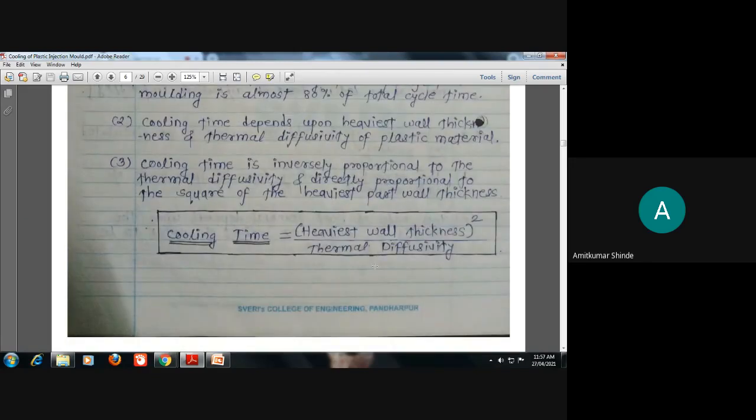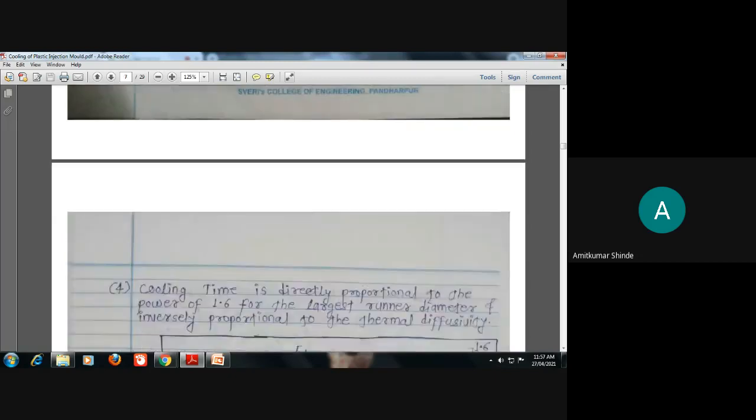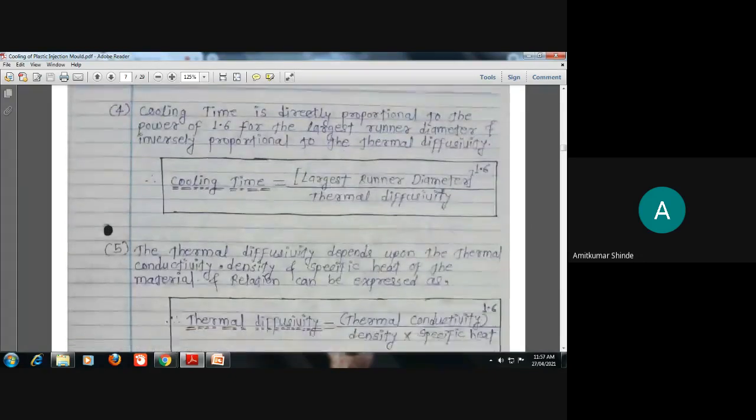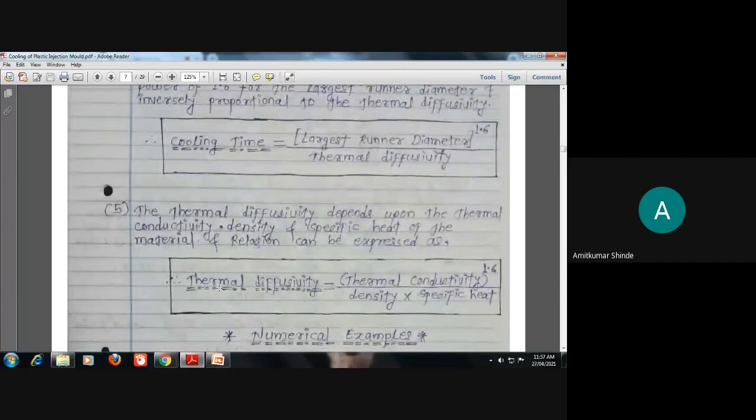And this thermal diffusivity depends on, okay, this is the thermal diffusivity. Thermal diffusivity is directly proportional to thermal conductivity and inversely proportional to density of that material and specific heat of that material.